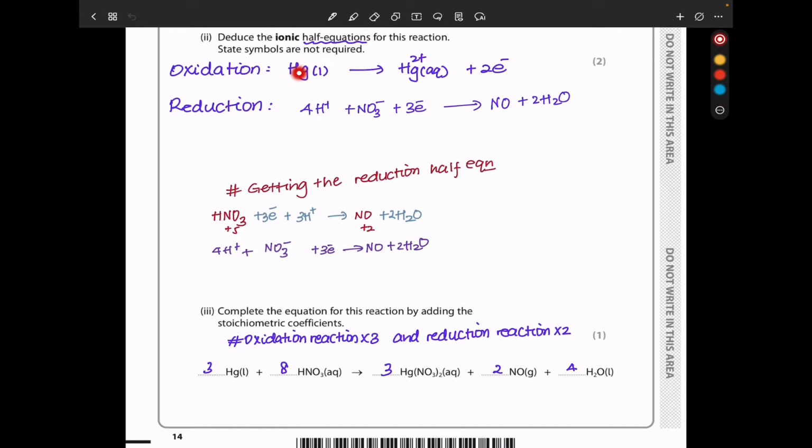So in the end, we will have 3 mercury, which is this, and this is also going to be 3. And multiplying this equation by 2 is going to leave us with 8H+, or you would say 8 nitric acid. And then on the other side, we're going to have 2NO, and then we'll have 4 waters, as we can see here. So these coefficients are going to be easy to get if you can balance the electrons for the 2 half equations before you combine them together. Moving on.